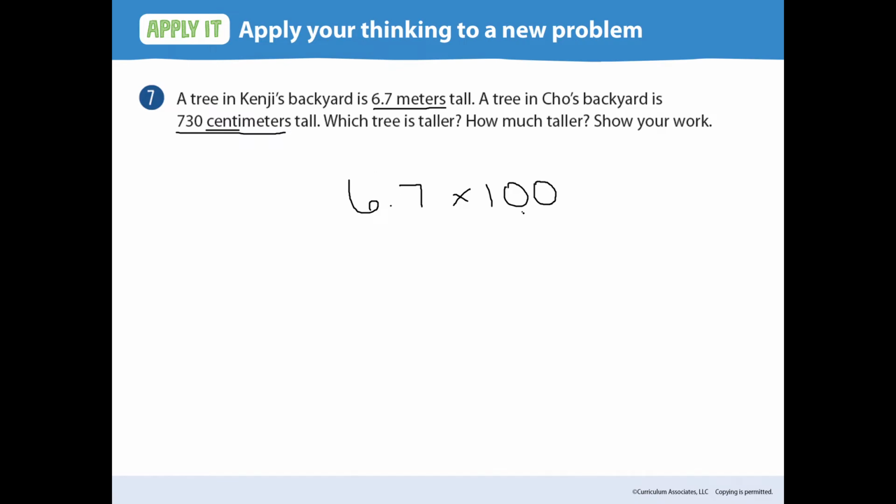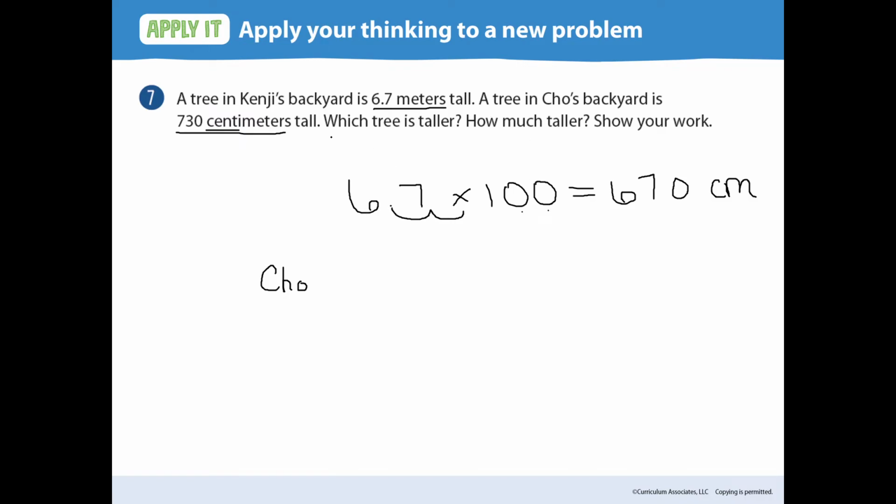So when I'm multiplying by 100, I move my decimal 2 places. 1, 2. So that's going to give me 6, 7, and then open spot is 0. That's 670 centimeters. So which tree is taller? I can see that Cho's is 730 and Kenji's is 670. So Cho's is the taller tree.